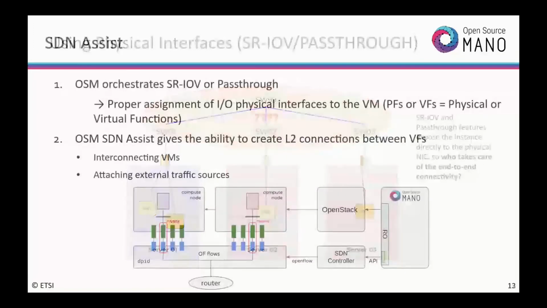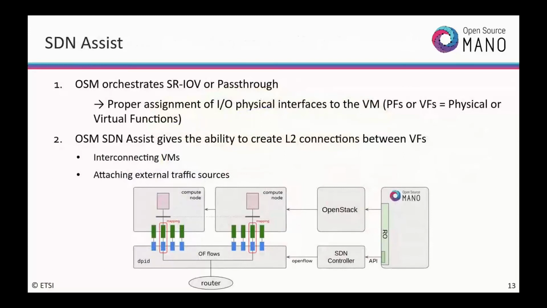So what SDN Assist does is OSM orchestrates the pass-through, and it gives the ability to create layer 2 connections between different virtual functions. So this is a little bit, sort of detailed. There's a lot going on here at once, but I'll try and break it down.